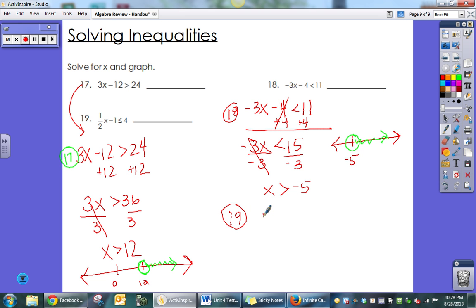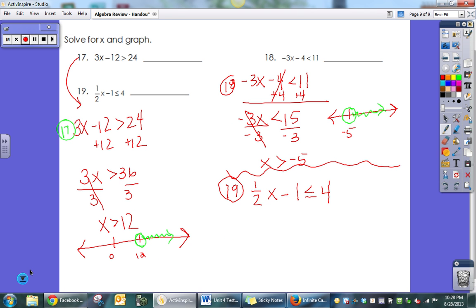19. I've got 1/2 x minus 1 is less than or equal to 4. Add 1 to both sides, and I get 1/2 x is less than or equal to 5. Then in order to get rid of this 1/2, I'm going to multiply both sides by 2.